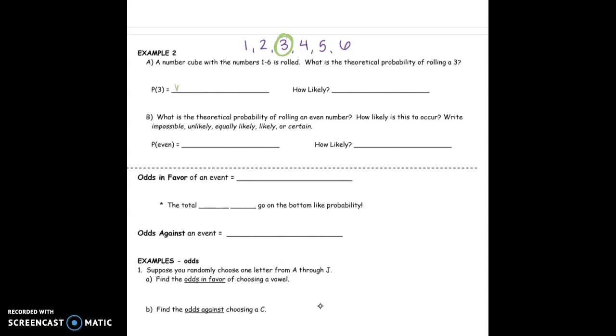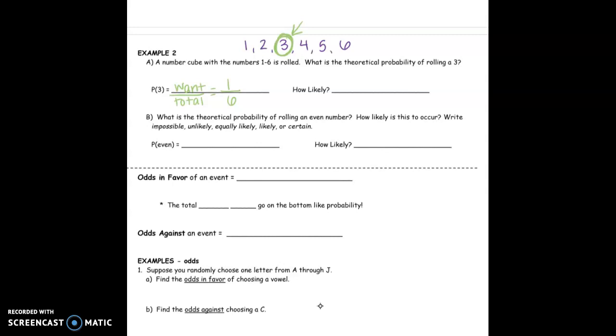And again, probability is what I want over my total. How many times does 3 occur? It occurs once. So that's what I want to have happen. Over my total, there are 6 total possible outcomes. Again, 1 is how many times what I want is occurring. I want it to be a 3.